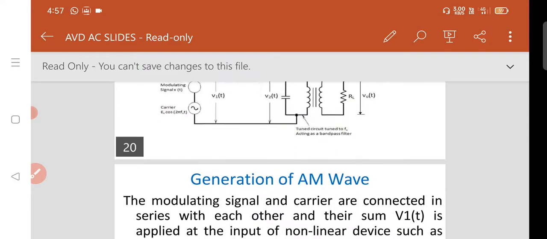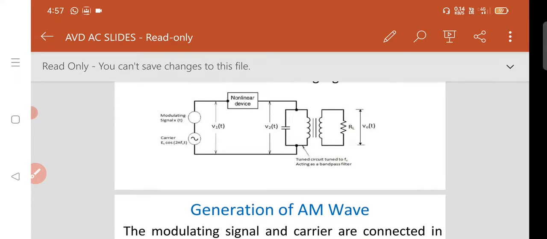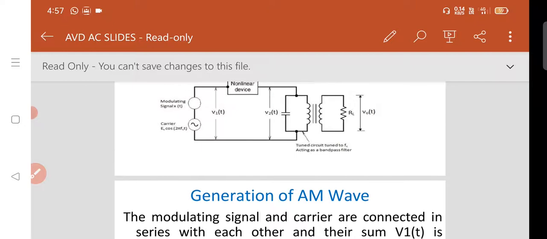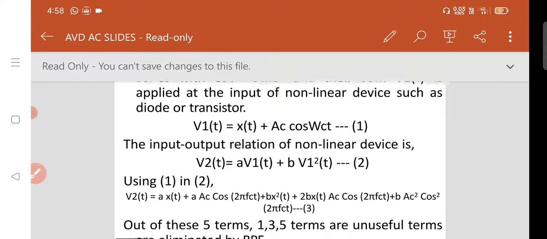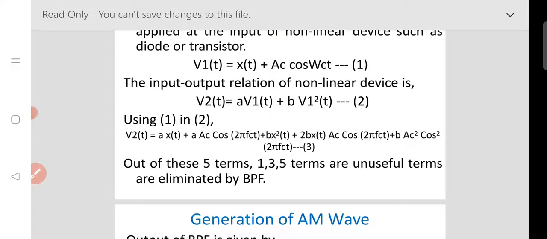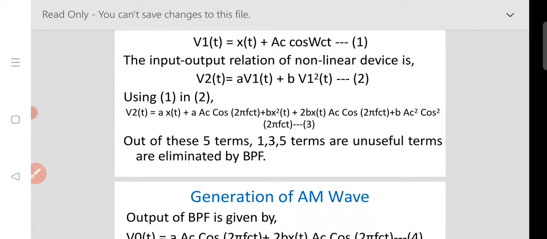V2 of t is the output of the nonlinear device. The V1 of t equals the output of the filter. The final revision is V1 of t equal to x of t plus Ac cos omega c t, meaning carrier plus message. That is the input to the nonlinear device.